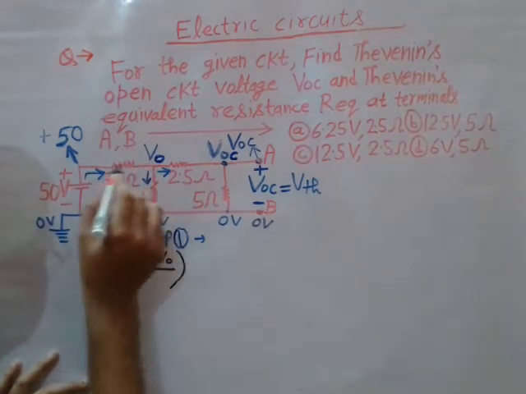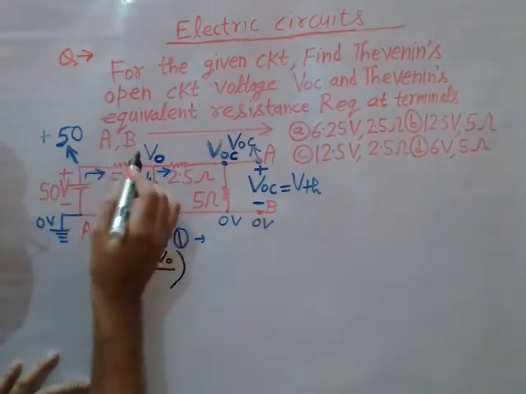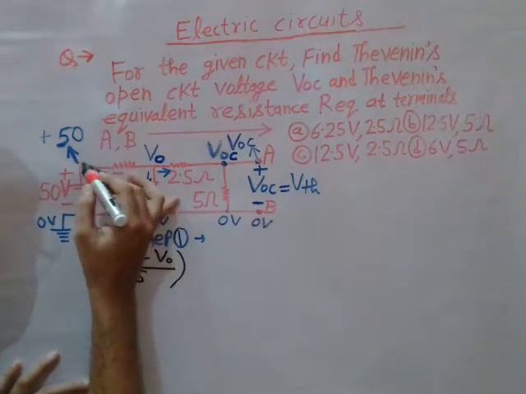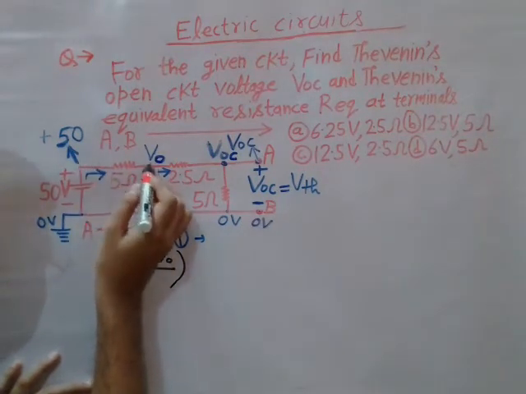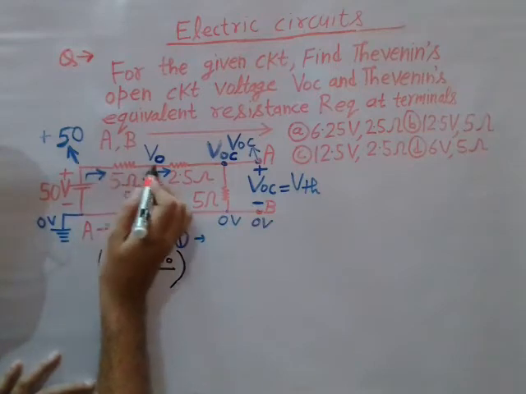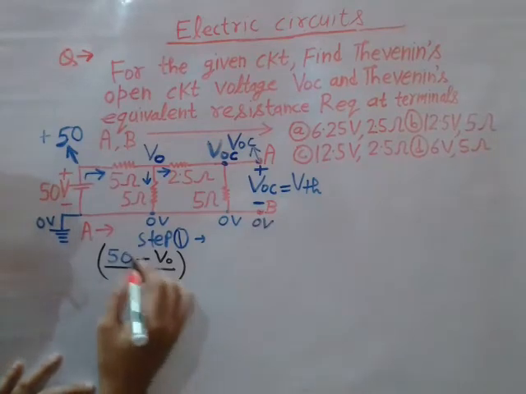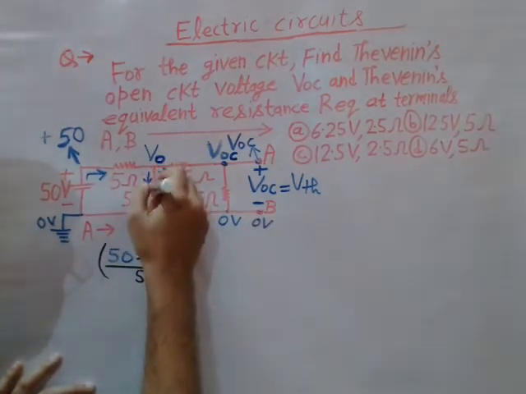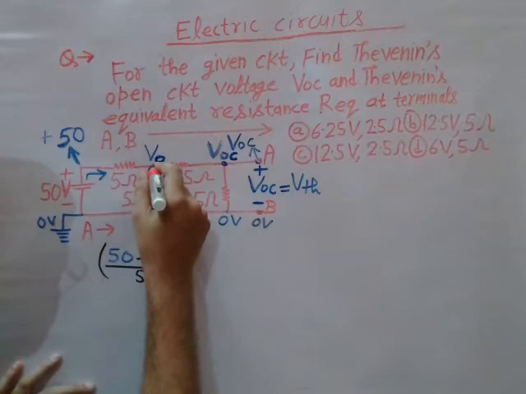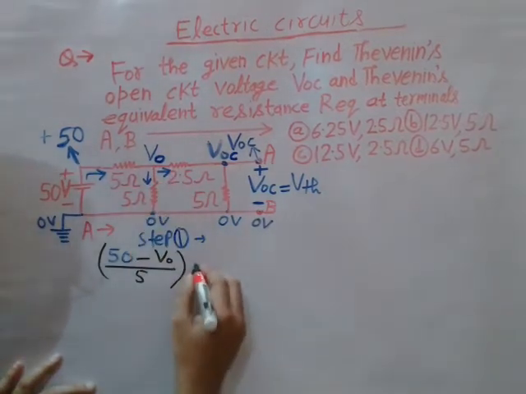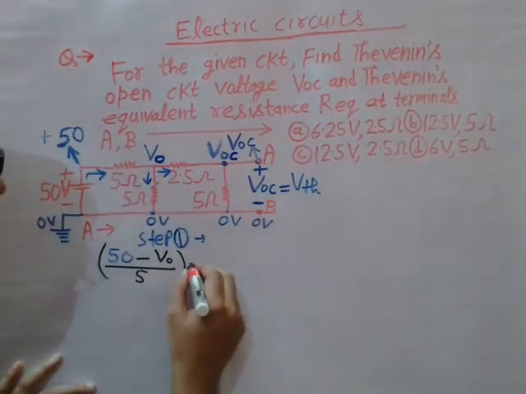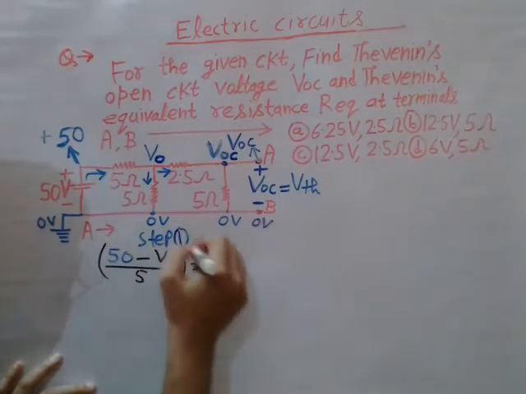Current is nothing but the difference of potential, 50 minus V naught, divided by the resistance in between these two nodes. So 50 minus V naught by 5 is the current. Now what is the value of this current? This current is V naught minus 0. So this is the outgoing current, and I will write it after the equality sign.